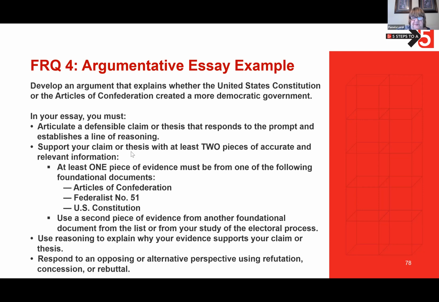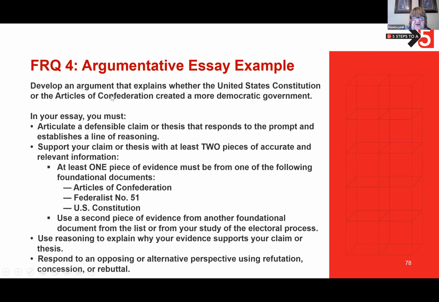And then you have to support the claim with two pieces of evidence. One has to come from one of these documents, and the second can come from anywhere. Anything you've learned in class, anything you've studied, any other document, okay? Then you're going to explain why your evidence supports that claim and respond to the alternative position.